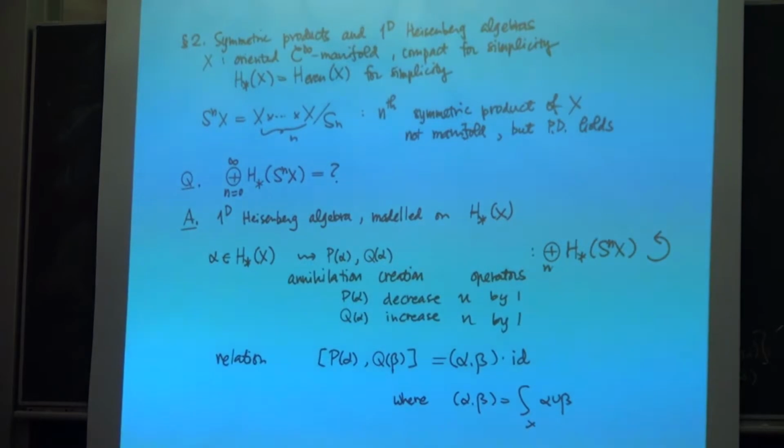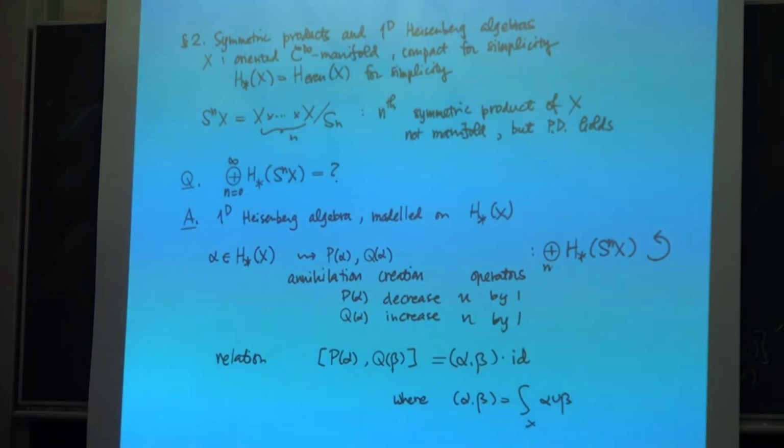Zero points just means a single point: S0 of X is a single point, S1 of X is X itself, and S2X is two unordered points on X, and so on. Then the answer is that this is a representation of the one-dimensional Heisenberg algebra, which I will explain soon, modeled on the homology group of the base.